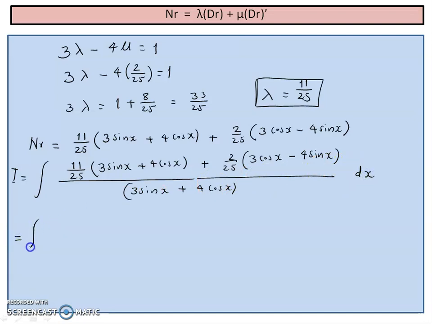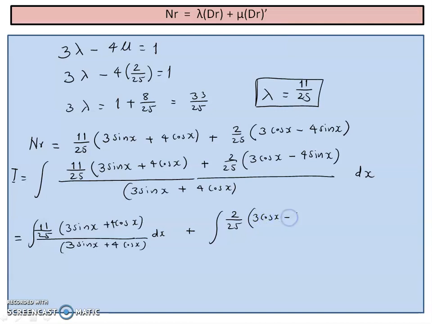Now I will be equal to integral first divided by denominator, second divided by denominator. अलग करता हूं मैं. 11 upon 25 into bracket 3 sin x plus 4 cos x divided by 3 sin x plus 4 cos x dx, plus integral 2 upon 25 into 3 cos x minus 4 sin x divided by 3 sin x plus 4 cos x dx.